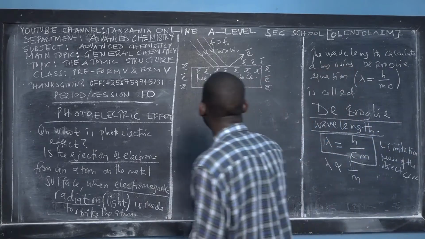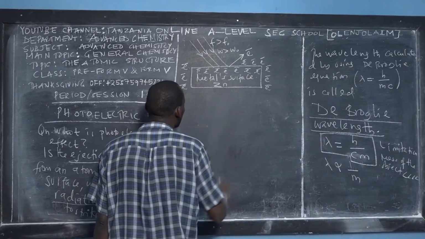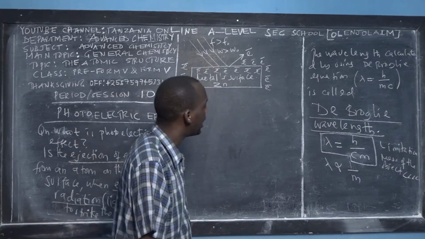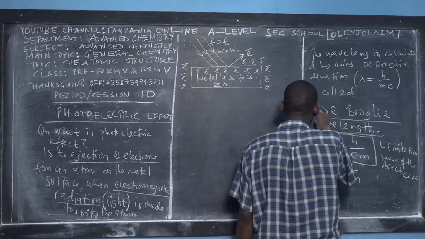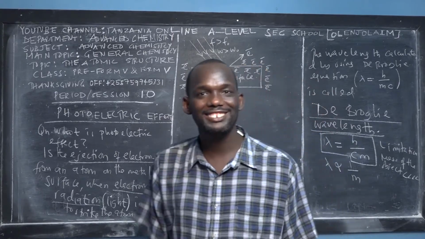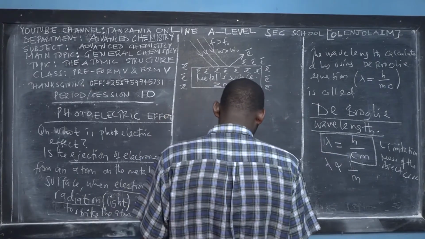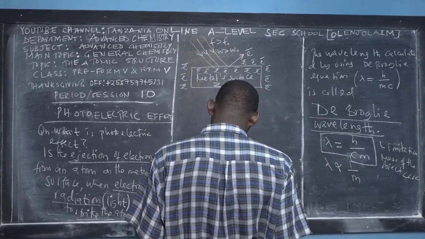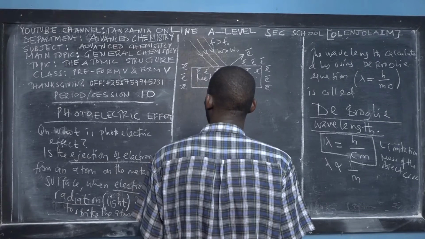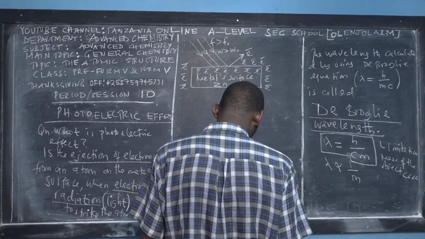A good example, according to Einstein, is zinc. Zinc plates are a good example that provides verification of the concept of photoelectric effect. Okay, so if that's the case, I believe that you are competent in the concept of de Broglie, or the wave-particle duality nature of electrons.